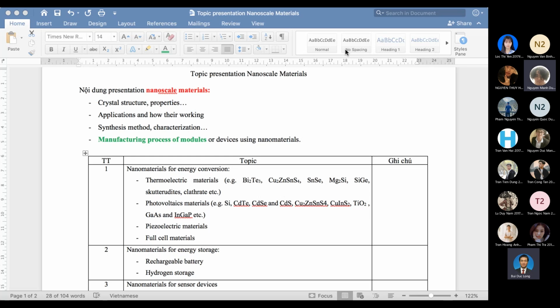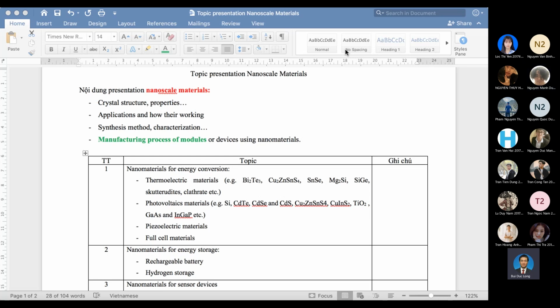About the synthesis method, if we do multiple synthesis methods, does it mean we don't have to go into more detail than for one synthesis method?